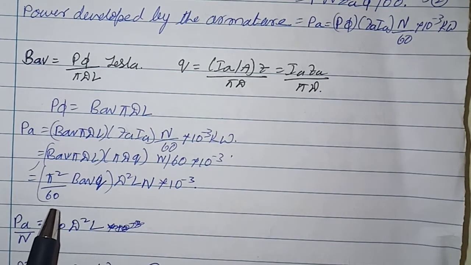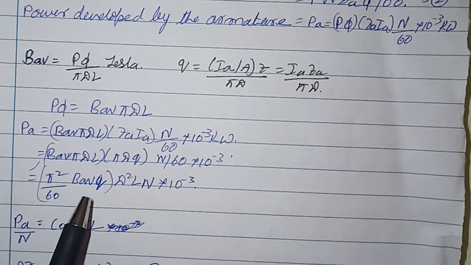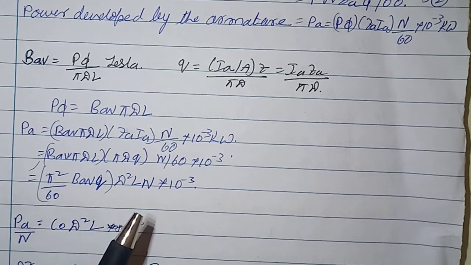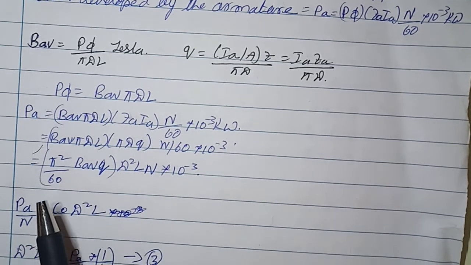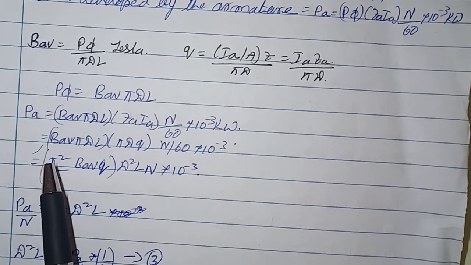When we simplify, we get pi square by 60 B average Q into D square L n into 10 raised to minus 3 kilowatt. That is the equation for the output power.